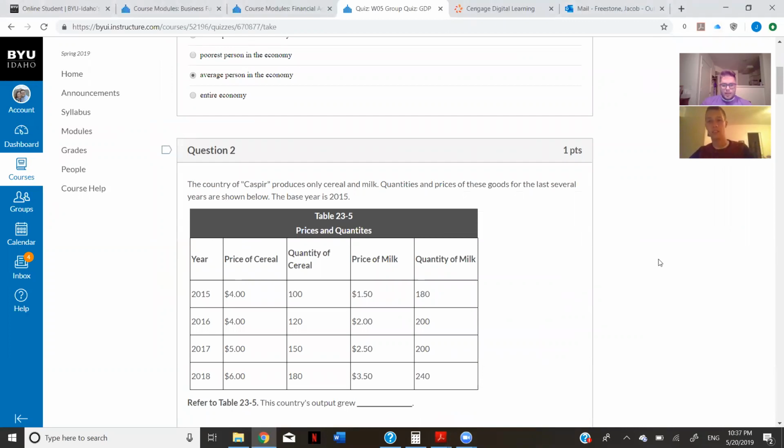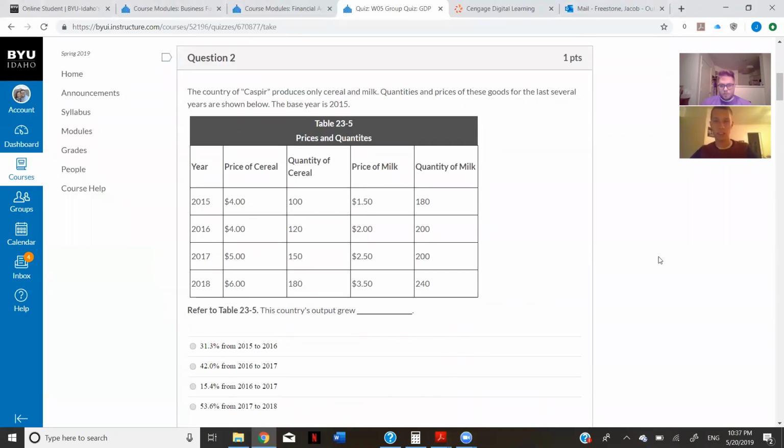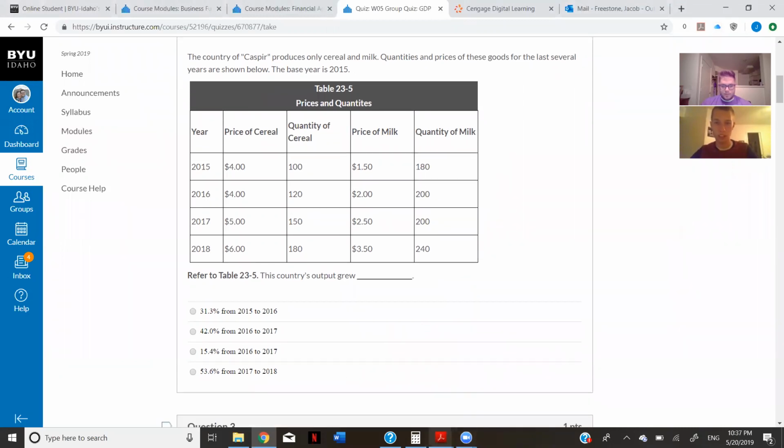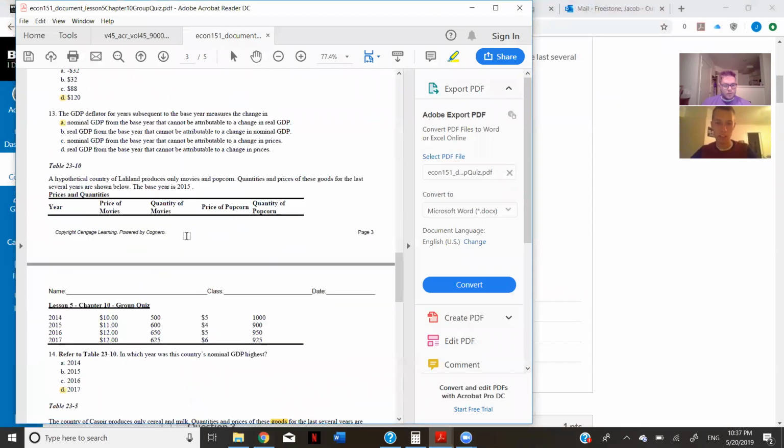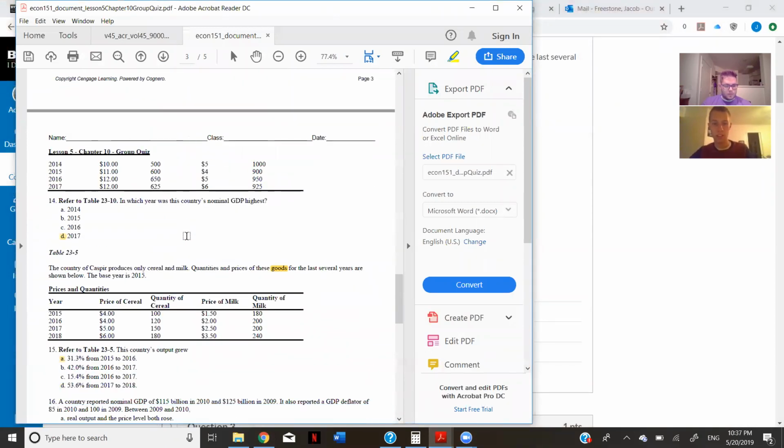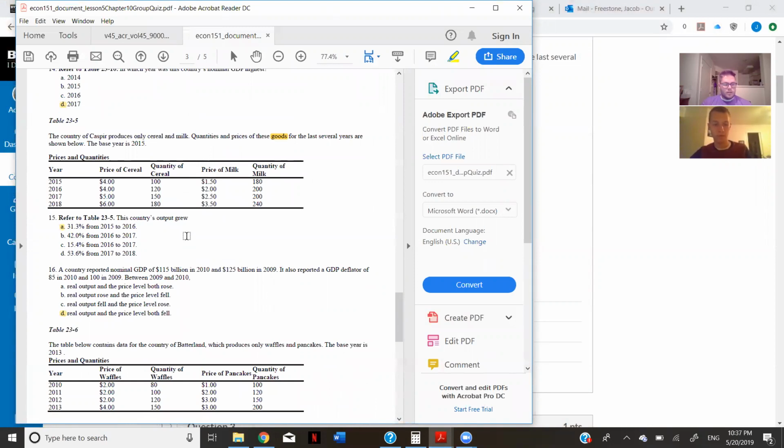Okay, number 2, the country of Caspir. Search Caspir. Which was number 15 on the PDF. Mm-hmm. That one I didn't know if it was A or B because I did the math and they both looked right.